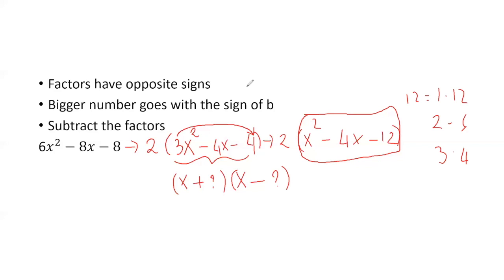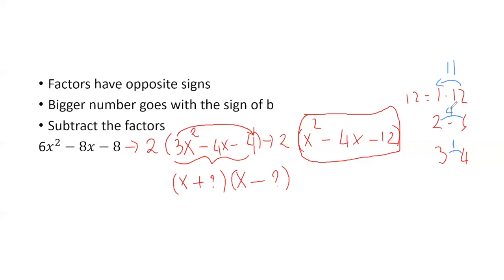But if c is negative, we always subtract the factors. So when I say subtract the factors, I take the big number and subtract the small number. 12 minus 1 gives me 11. 6 minus 2 gives me 4. 4 minus 3 gives me 1.